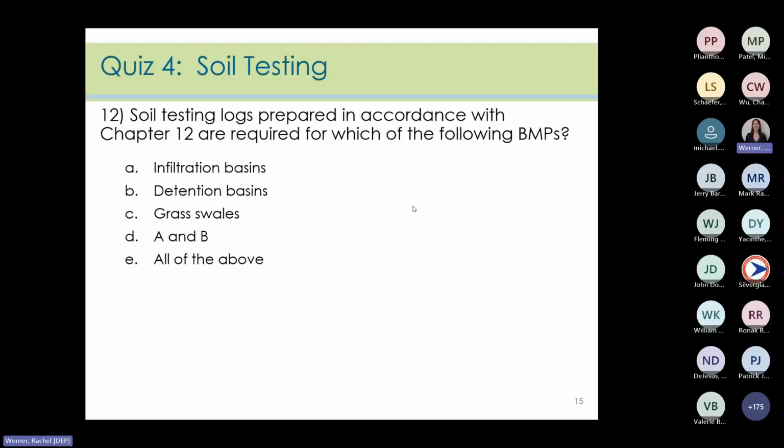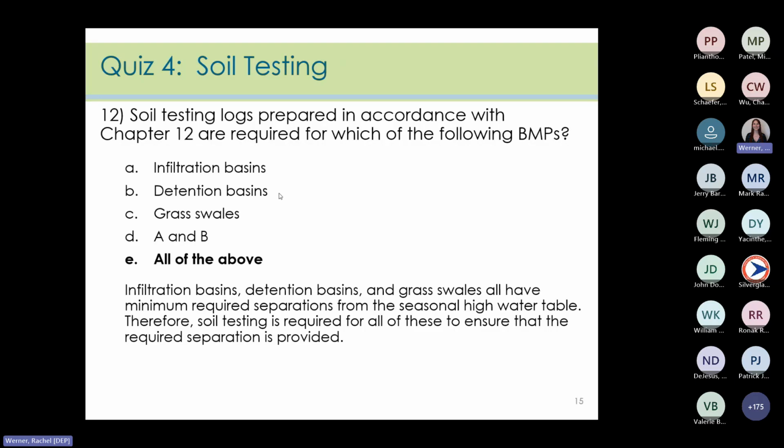So next question. Soil testing logs prepared in accordance with Chapter 12 are required for which of the following BMPs? And the answer is E, all of the above. So they are all BMPs, and they all have a minimum seasonal high water table separation requirement.